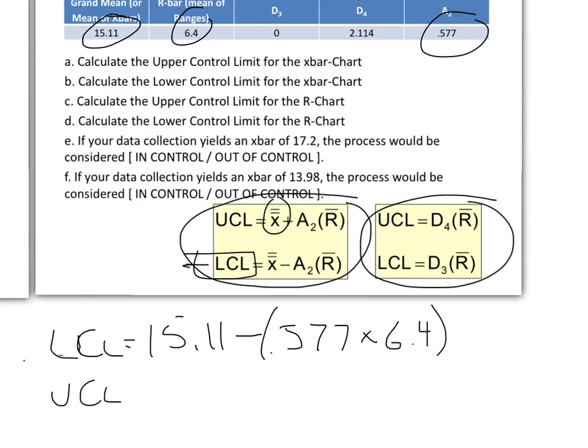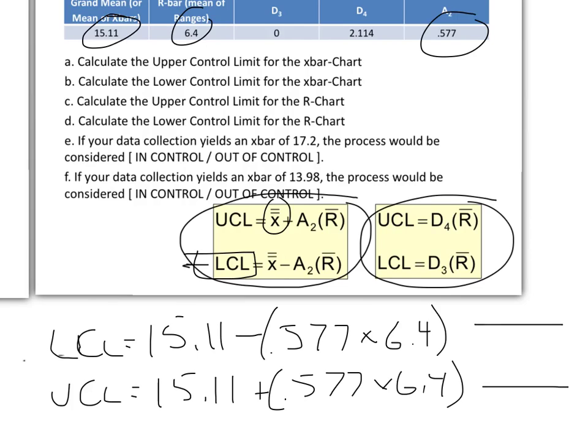And then our upper control limit is going to be the same, but we're adding, right? 15.11 plus 0.577 times 6.4. And this is the equivalent, if you remember, of doing a confidence interval, right? Ultimately, if we were to create this chart, we would have something that looked like this with an upper control limit and a lower control limit.